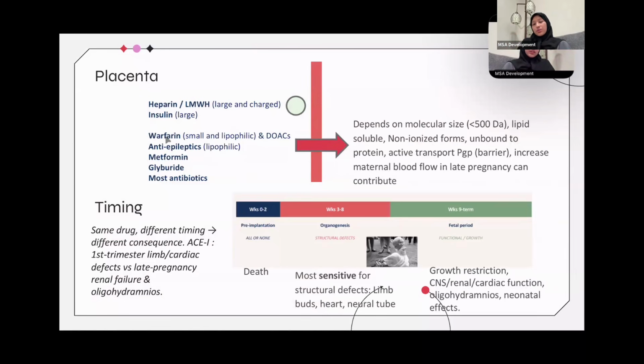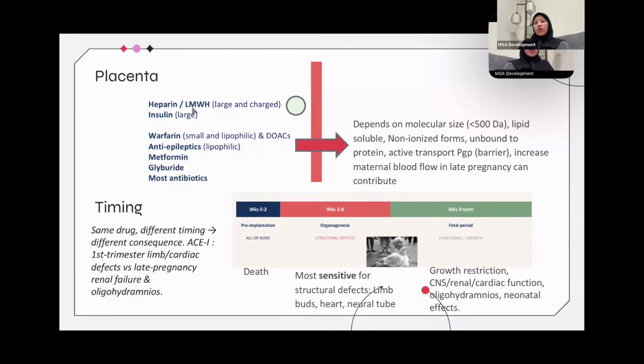So warfarin, for example, is contraindicated. War is bad, you cannot give that, right? Small and lipophilic. Direct oral anticoagulants come with warfarin, you cannot give them. Anti-epileptics are lipophilic, so they will cross the placenta. Metformin for diabetes, glyburide for diabetes, they will pass because they are small, and most other antibiotics will pass.